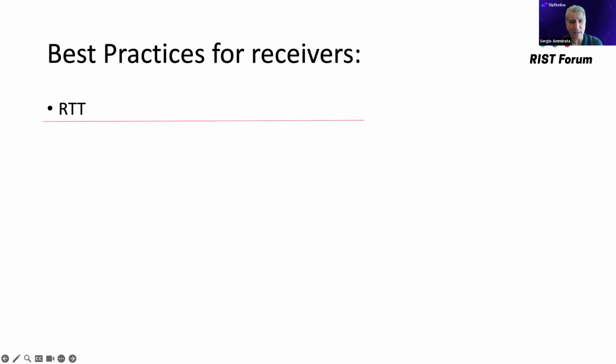So let's move to the actual best practices. RTT, like Ari mentioned. First recommendation is that the buffer size be a multiple of the RTT value. And the reasoning for this is clear, right? When a receiver detects a hole in the stream, it will request a retransmission. That request will take a length of time to reach the sender, and then the reply, meaning the missing packet, will be resent and will also take a length of time to reach the receiver again.